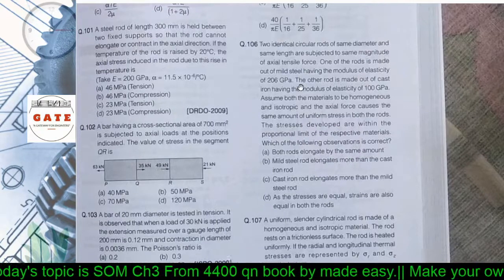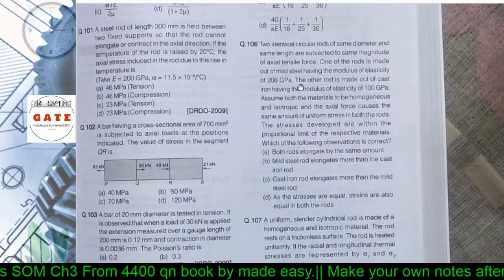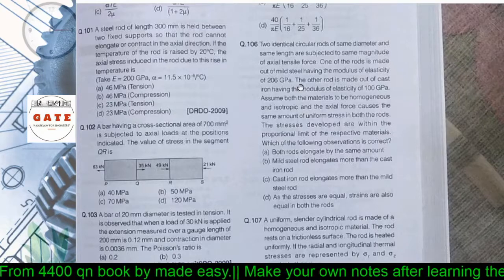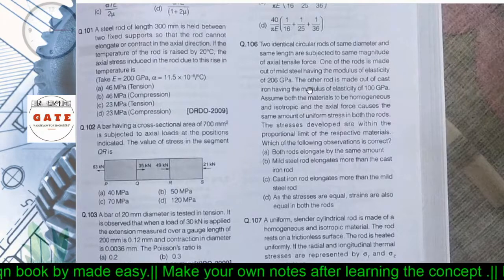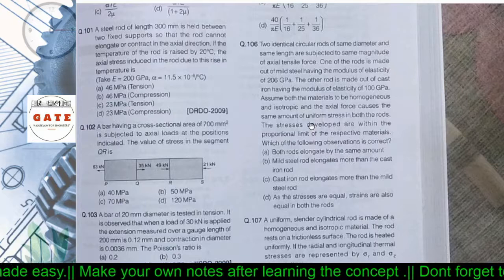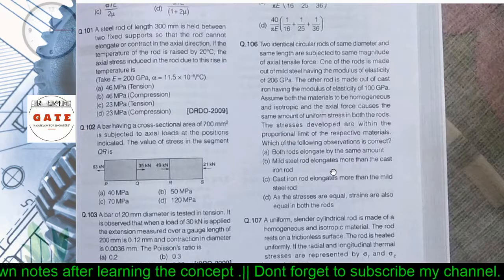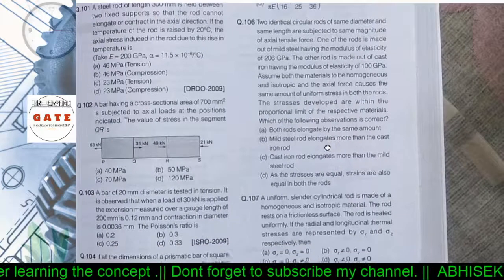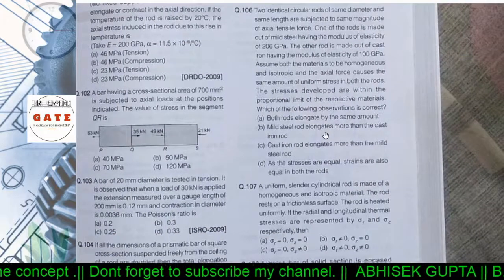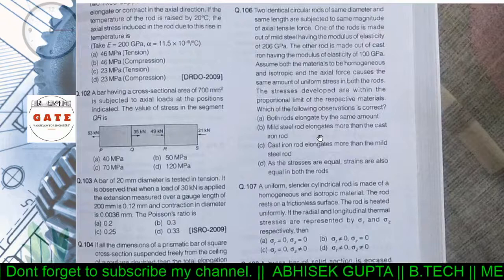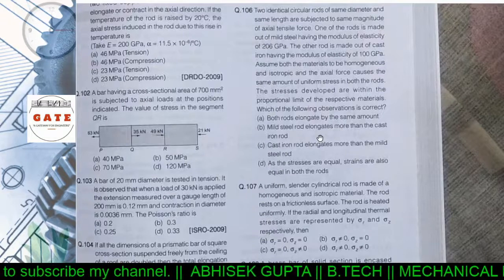The other rod is cast iron with modulus of elasticity 100 gigapascal. Assume both materials to be homogeneous, isotropic, and the axial force causes the same amount of uniform stress in both rods. The stresses developed are within the proportional limit.